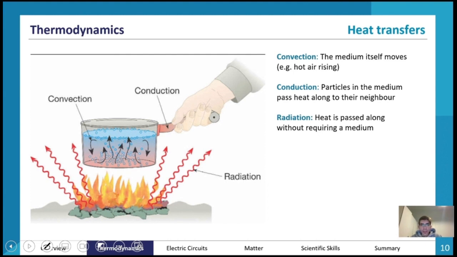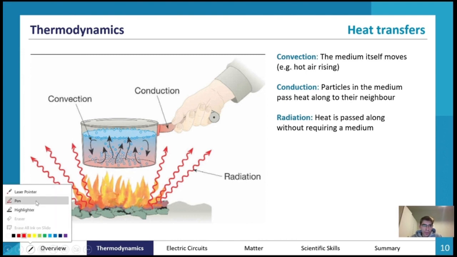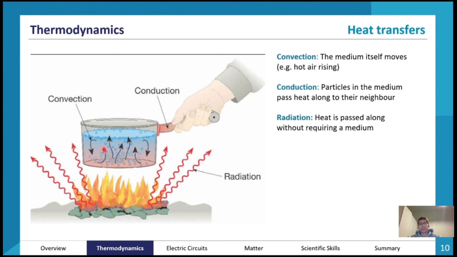Convection is the process by which hot water particles will flow to the top, while colder water particles will flow to the bottom. And it doesn't only have to be with water. Obviously, it can be with currents. For example, a hot current can flow to the top, while a cold current can flow to the bottom.